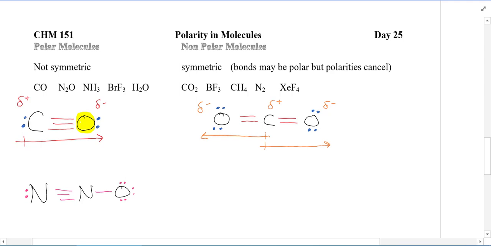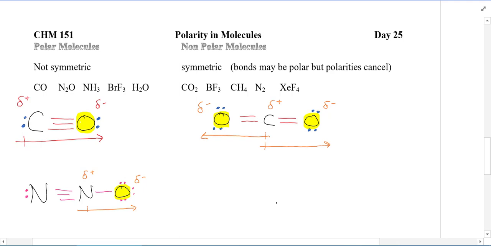But even if you drew it like CO2, it doesn't matter. Why? Well, even though nitrogen's a top 5, oxygen's more polar. So these oxygens are top 5. N's also a top 5. However, we're still going to have electron density that way because oxygen is more electronegative than nitrogen. The top 5 aren't all equal.